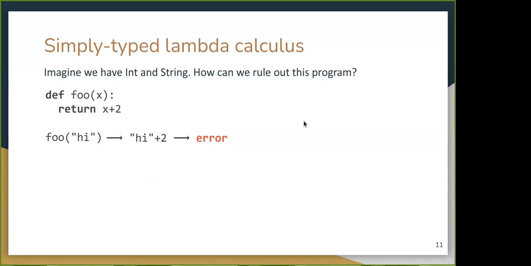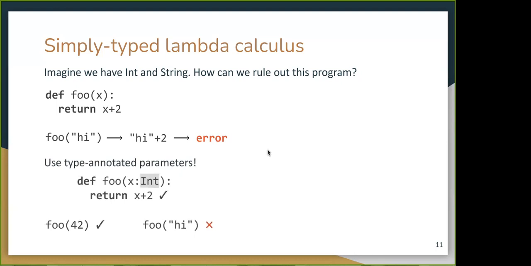Yep, exactly. One way to describe constraints is by using type annotations. So if you're in a language like Java, or I guess this is not Java syntax, but in some statically typed languages, we can put a type annotation to say this function only works with arguments of this type.